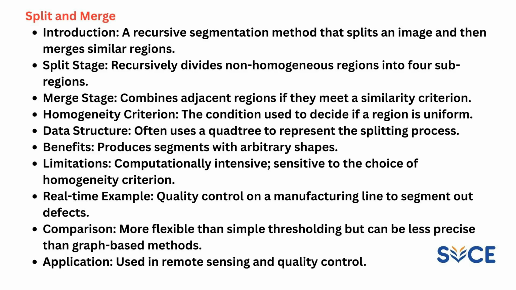For example, we might check if all the pixels in a region have similar color or texture. If the region is not uniform, we recursively divide it into four equal subregions, creating a structure that can be represented by a quadtree. This process continues until all regions are homogeneous.